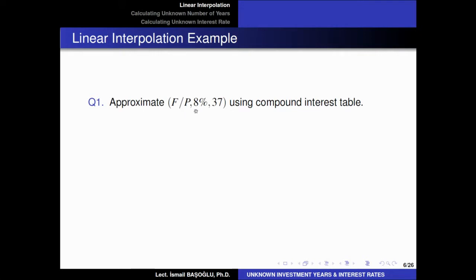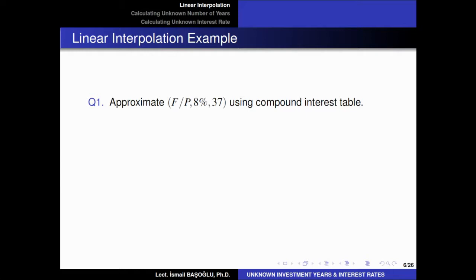The value will be simply 1.08 to the power 37. Okay. Now, you can also determine this value by applying a multiplicative relationship over the f over p values, for example, at 35 years and 2 more years. Okay. But today, we are going to find this value with a linear interpolation technique.